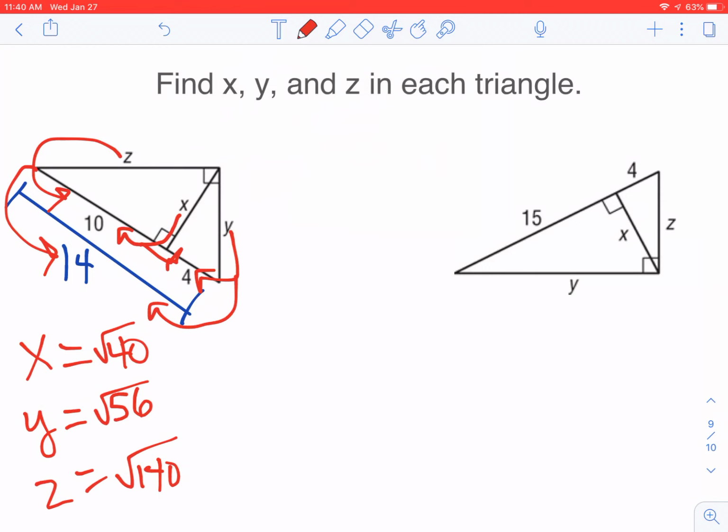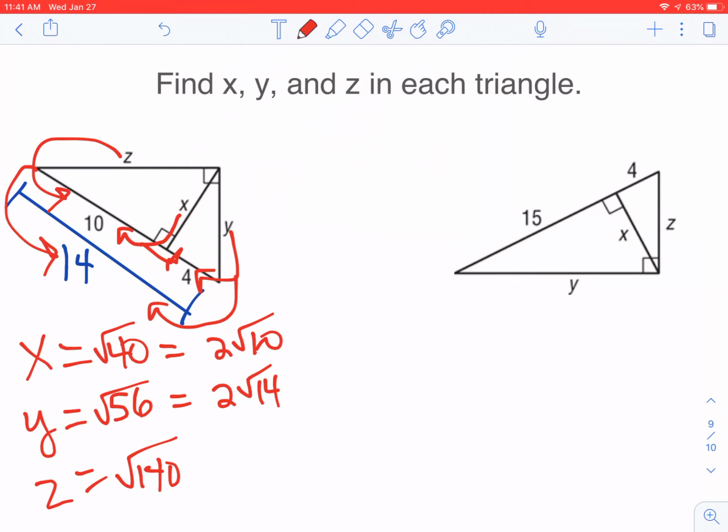And what I'm going to find is I can simplify these. This will be 2 root 10, because 4 is the only factor I can pull out. With 56, once again, 4 is the only factor I can pull out. So it's going to be 2 root 14, right?